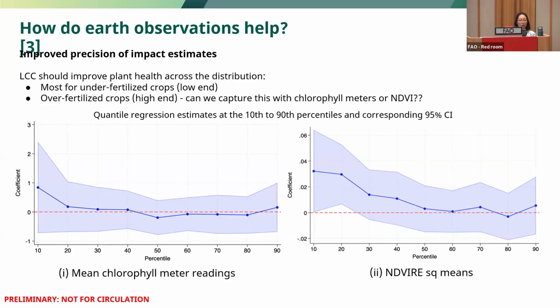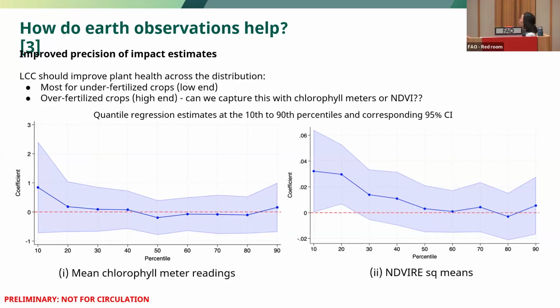These are quantile regression plots, looking at the treatment effects at different points across the crop health distribution. You can think of the effects at the 10th and 20th percentiles as the treatment effects for the worst performing or least fertilized fields, and the effects at the 80th and 90th percentiles as the treatment effects for the best performing plots.